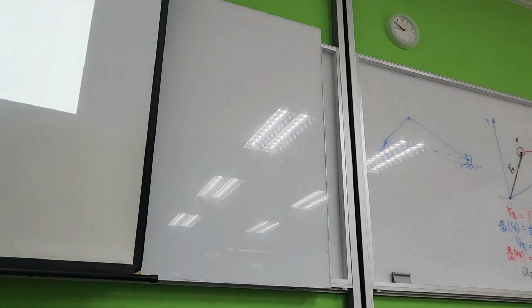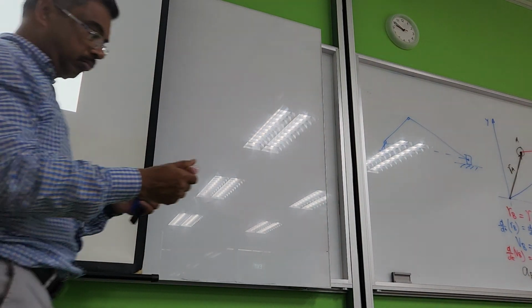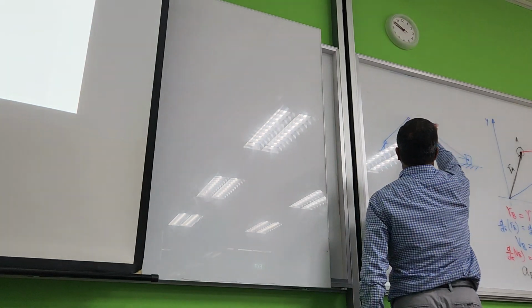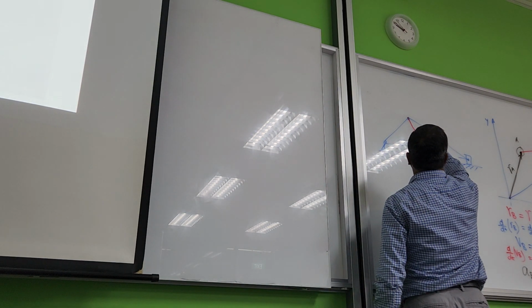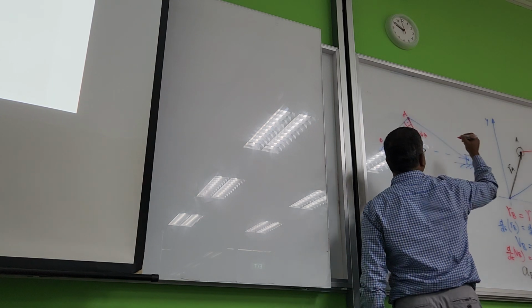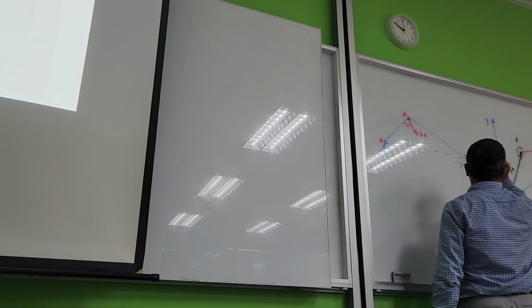Our VA, I'm just showing, it's not to proportion. So this is our VA, at a 90-degree angle, OA, and our VB is going this way.